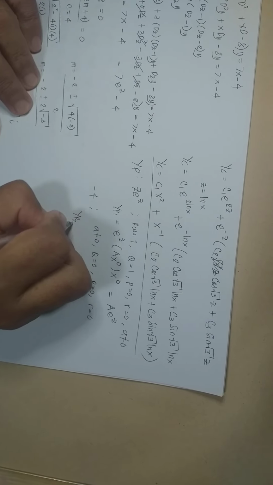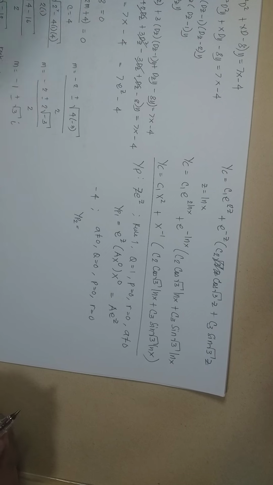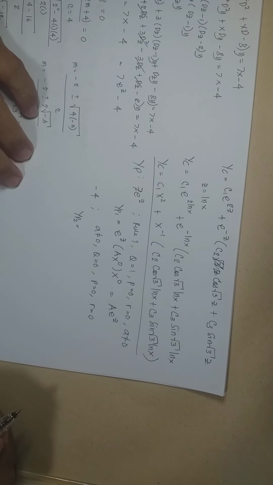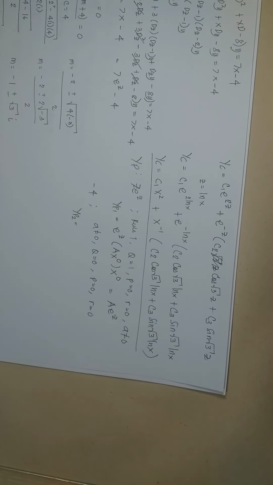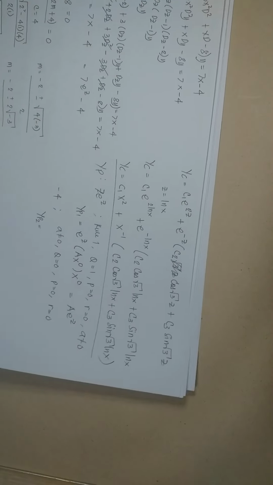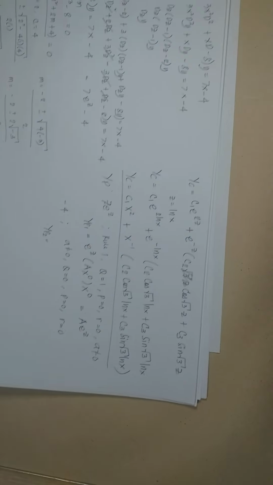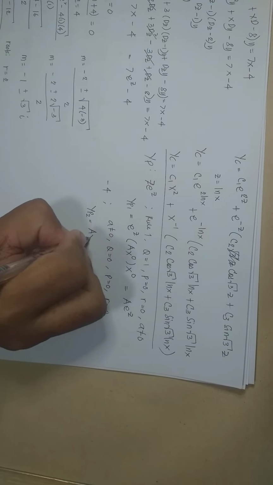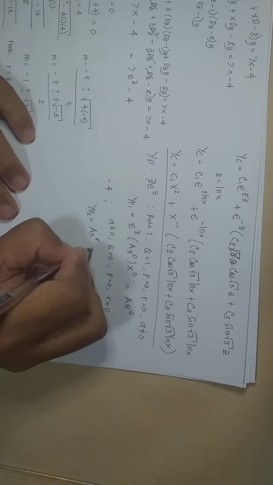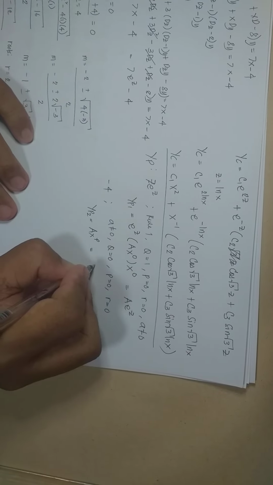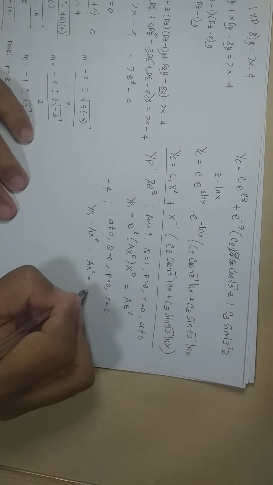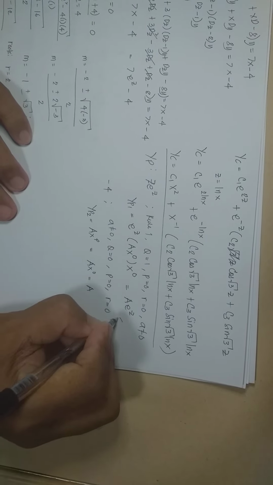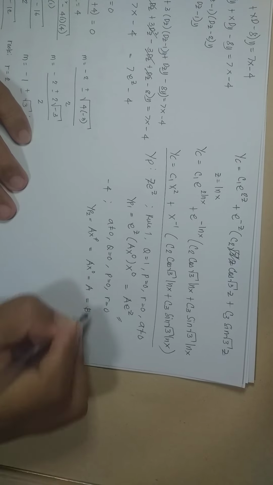Your yp2, therefore, based on the formula for undetermined coefficients, is a x raised to p, that is equal to a x raised to 0, or this is simply a, but we have used a on yp1, so this should be b.